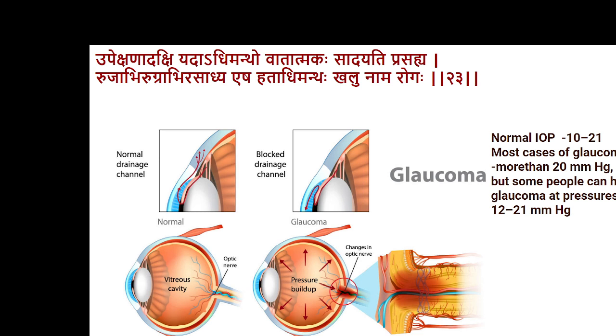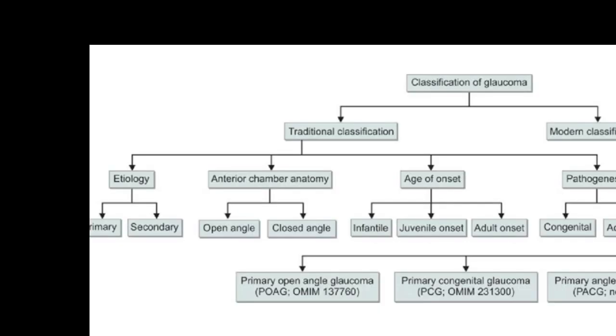Now you have more sophisticated instruments where the tone can be assessed by a blow of air in the machine, and that can measure the intraocular pressure instantaneously and accurately. Now, that variation in the pressure results in damage to the retinal elements, and that retinal damage can result in eye pathology.